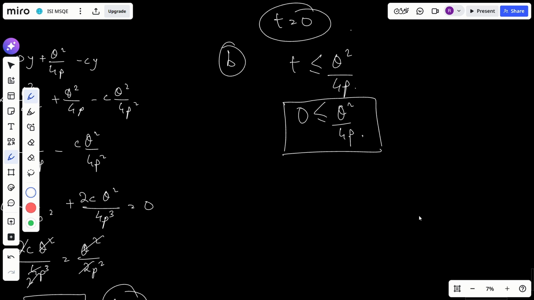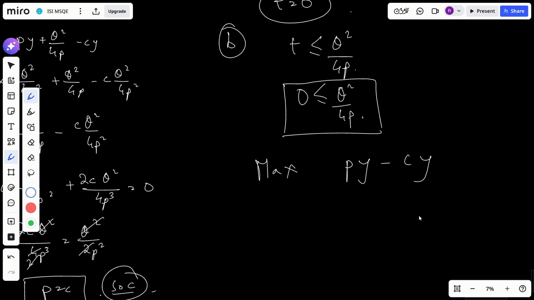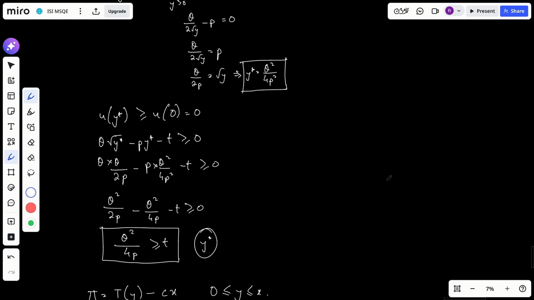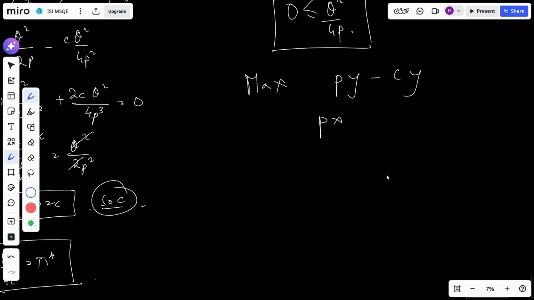In this case, our profit maximization problem will look like this. Since t is 0, we will write py minus cy. I will include the y star amount here. So y star was theta square by 4p square, minus c times theta square by 4p square.